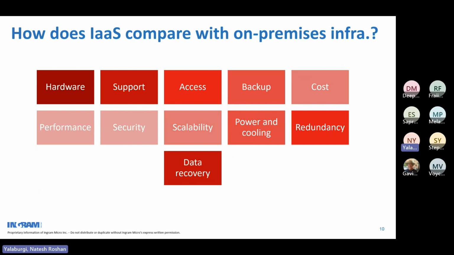If you don't have these, then you'll have to buy all of that. And after a couple of years, if for whatever reason the application is not giving you the right results, then you'll have to downscale, which means now you're left with hardware which you don't use.